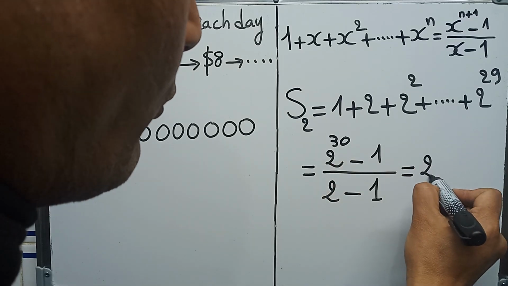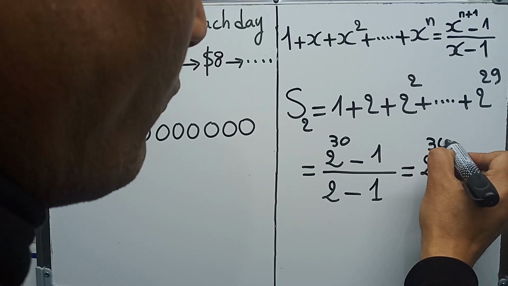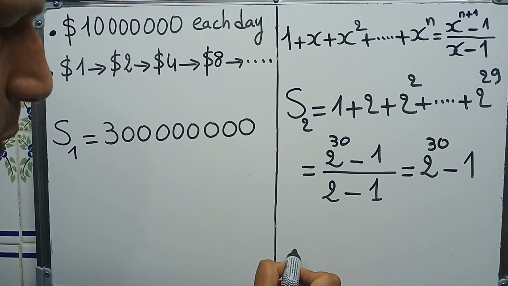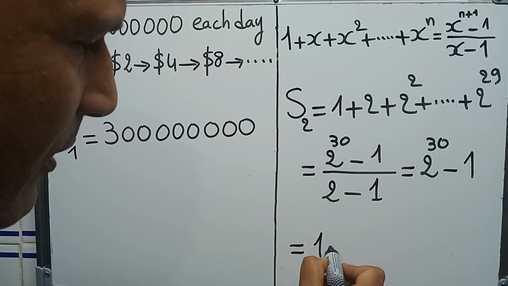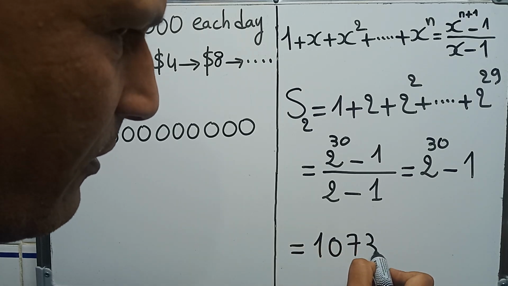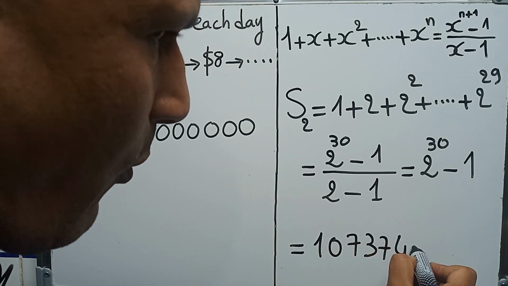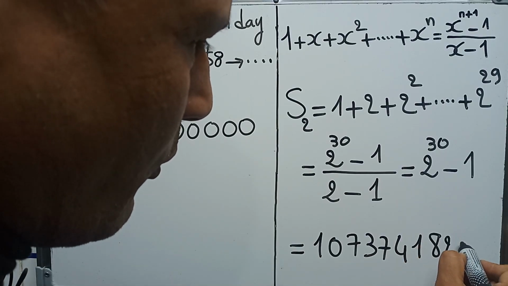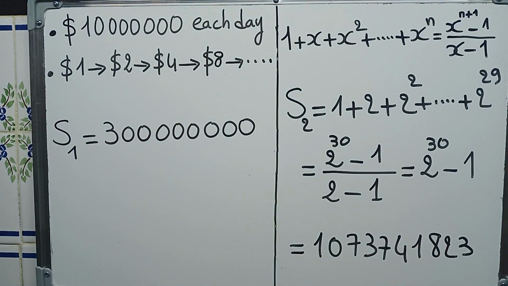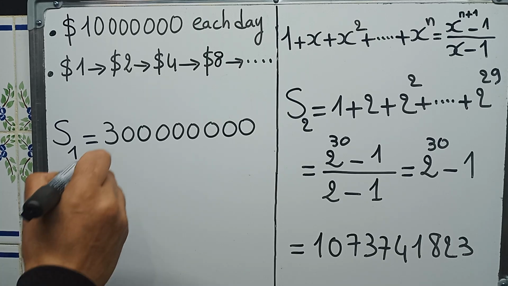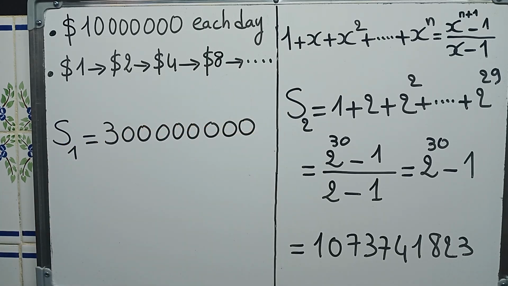This number is equal to 2 to the power of 30 minus 1, which is equal to 1,073,741,823. This is $1,073,741,823, which is, of course, much larger than the first payment option, which was just $300 million.